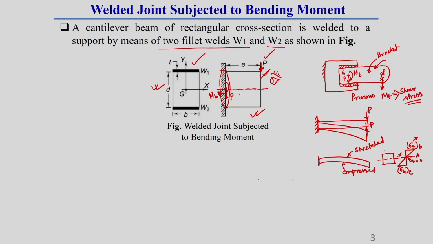But here the direct load P, which we are applying, due to replacing this eccentric load P to the center of this weld plane, will develop a shear stress which is uniformly distributed over its throat area.